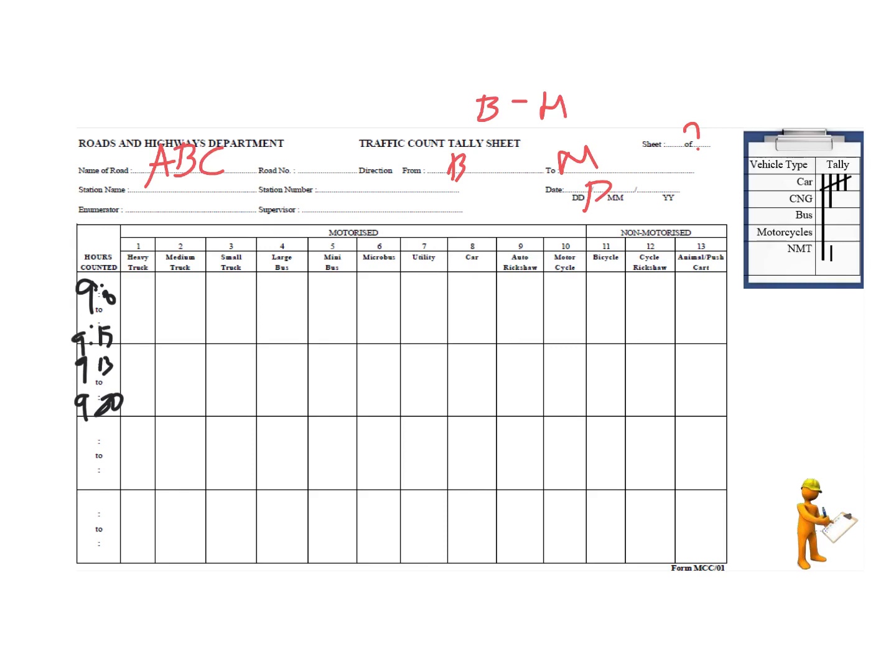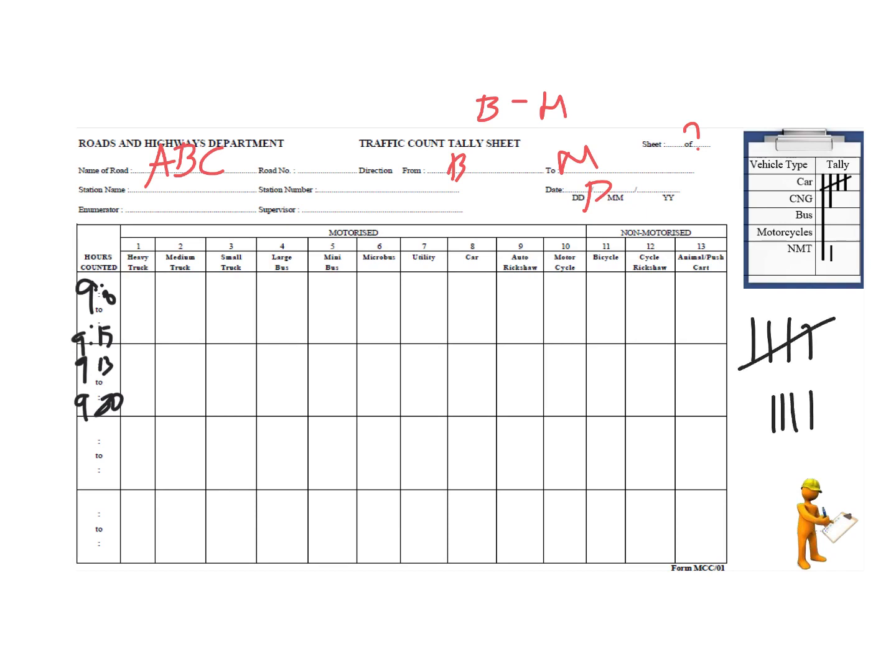Now when the vehicles pass us, say at 9 o'clock a truck passes, you cannot just count 1, 2, 3, 4. You will miss the data, since you need to take the details about each and every category of vehicle. So instead of that, we will use the tally, 1 2 3 4 5.